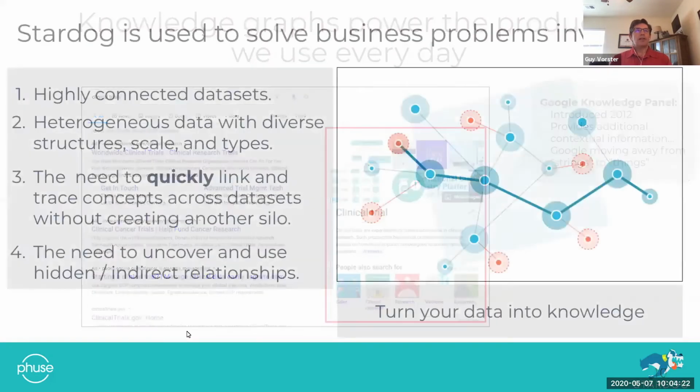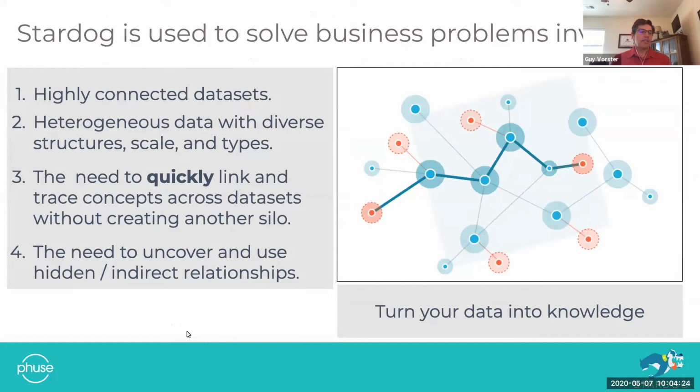And so when we look at why some of these very large companies are choosing Stardog today, it's really to solve problems that span highly connected, heterogeneous data sets involving structured, semi-structured, and unstructured data, as I said earlier, but also with varying scale and various types.